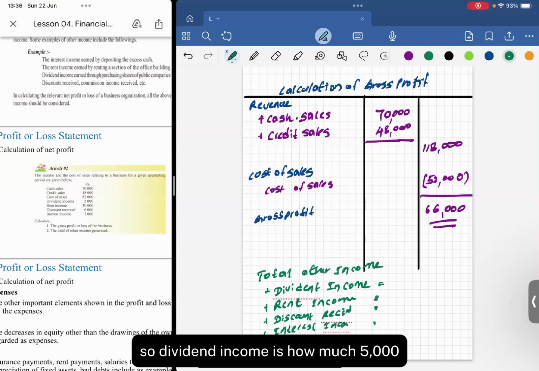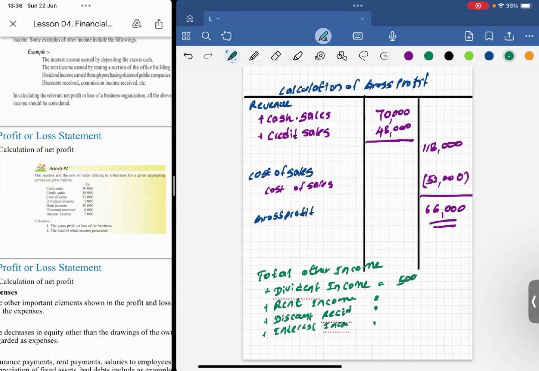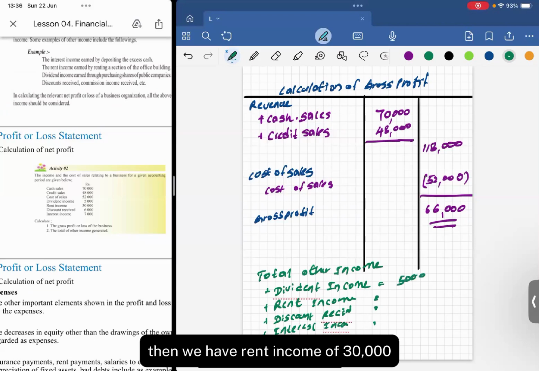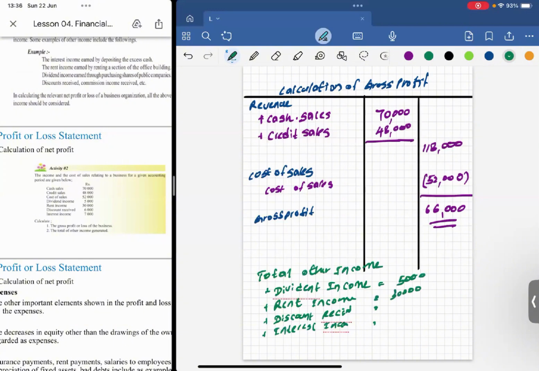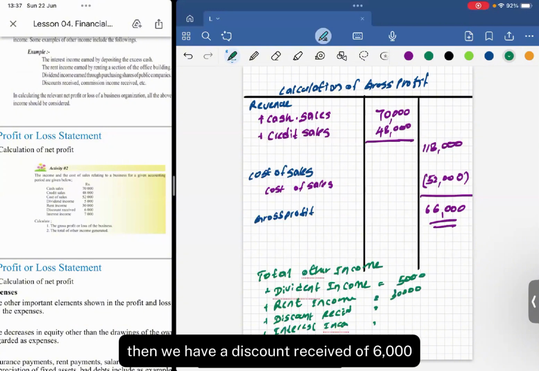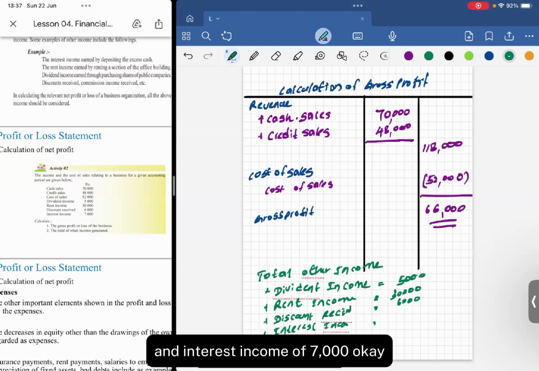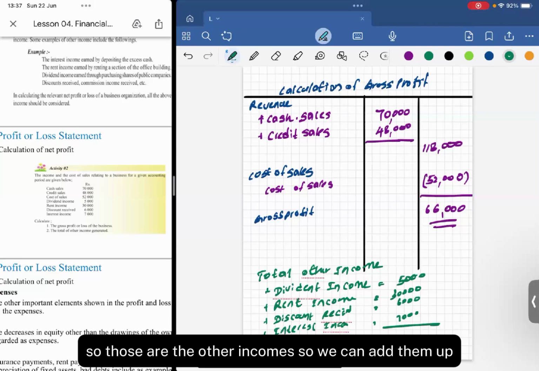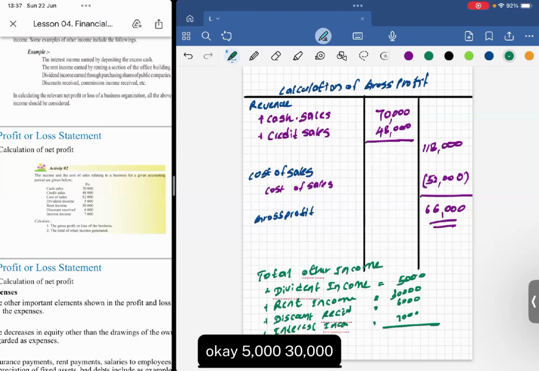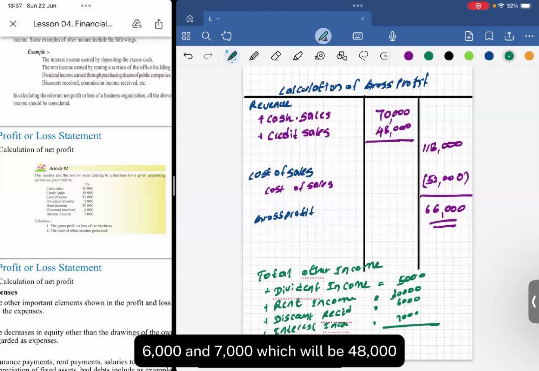Dividend income is 5,000. Then we have rent income of 30,000, a discount received of 6,000, and interest income of 7,000. Those are the other incomes, so we can add them up: 5,000, 30,000, 6,000 and 7,000, which will be 48,000.